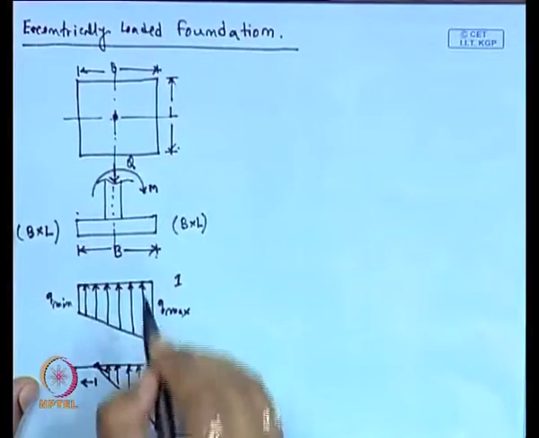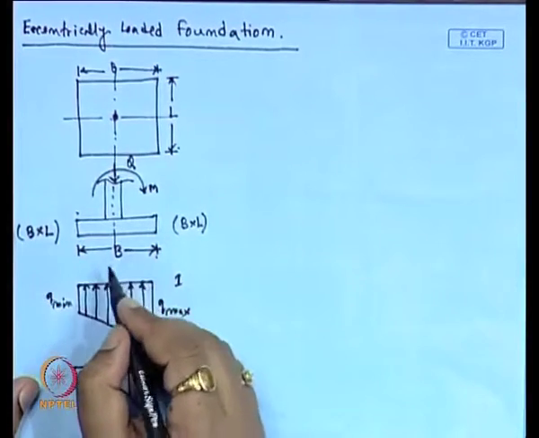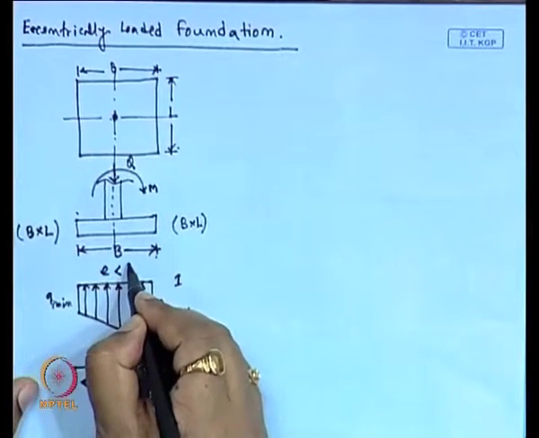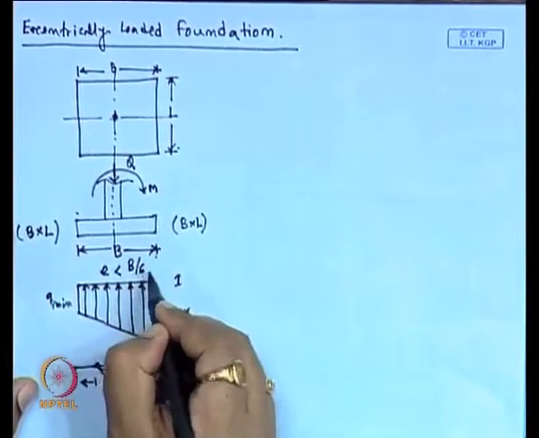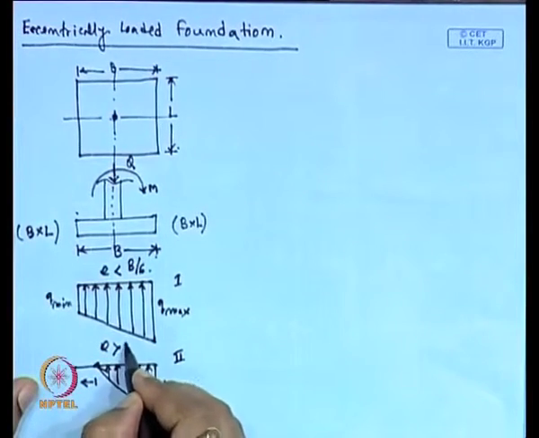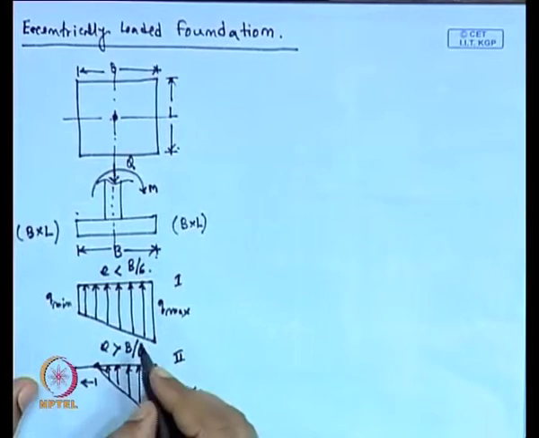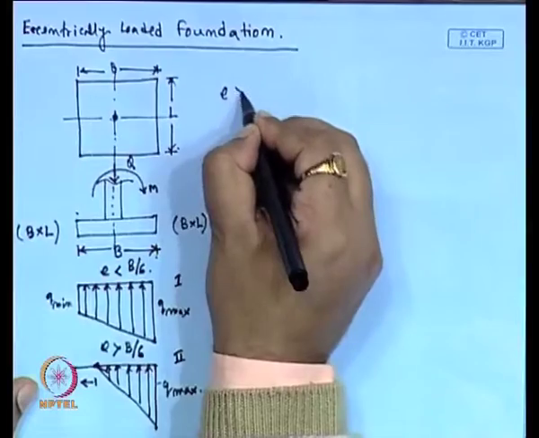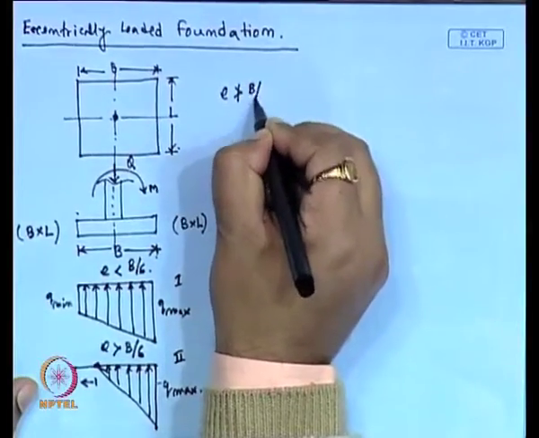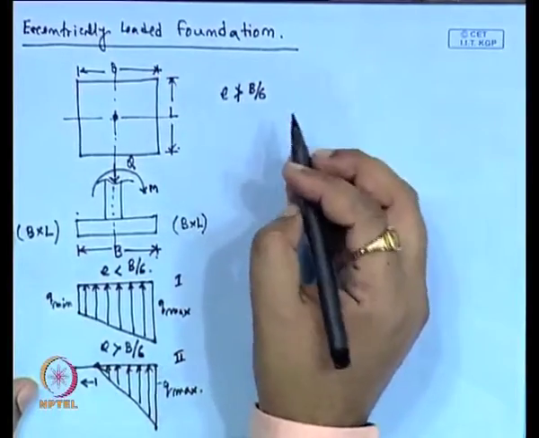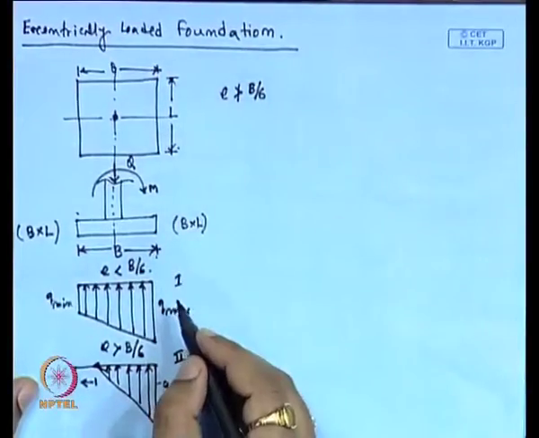Case 1 develops if the E value is less than B by 6, and case 2 develops if the E value is greater than B by 6. So one condition is that E should not be greater than B by 6 for a one way eccentrically loaded foundation.